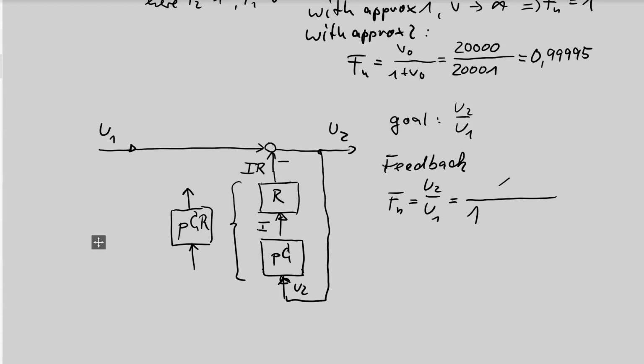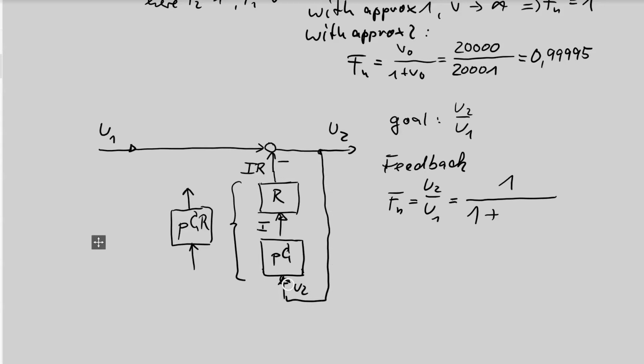No block means a 1 in the function, input is output, and the ratio of input and output, if both are equal, is 1. So this is a 1 divided by 1 followed by the inverse of the feedback sign. The feedback sign is negative, so I have here a positive sign, followed by all blocks in the loop.